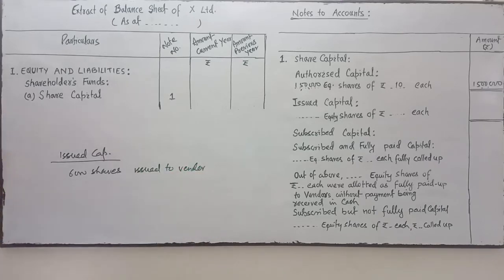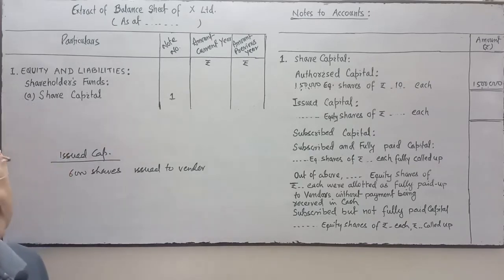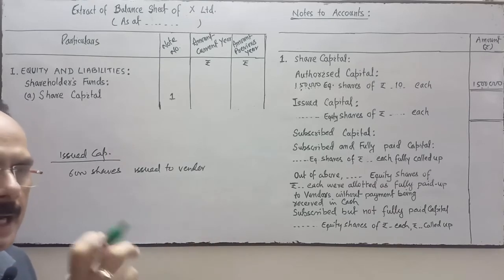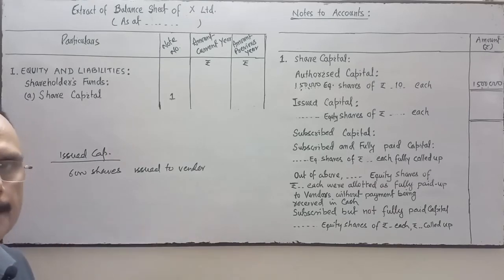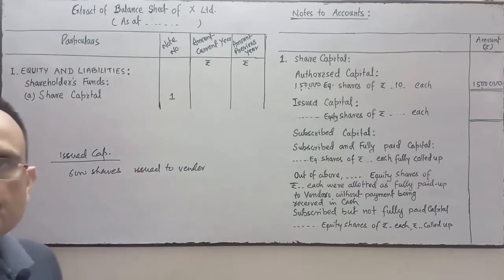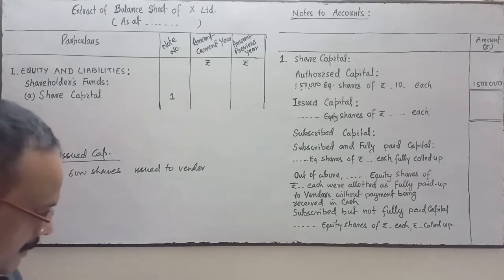Issued to the vendor as fully paid as purchase consideration for a building. The company has purchased the building, and for the payment of the building, the company has issued shares to the vendor as fully paid, meaning 10 rupees.